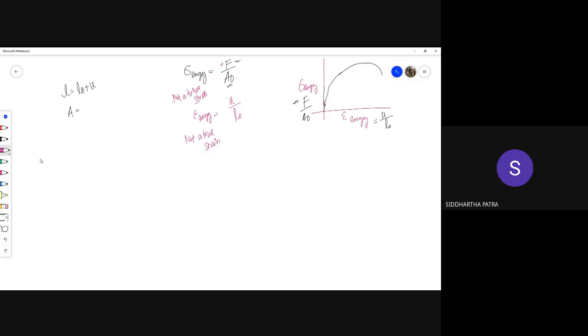So the thing is, a true stress measure would look something like this. If this is the engineering curve, then this is what the true curve is going to look like. Force over unit current area. So you need to update the area to get the true stress measure. Now, in a similar way, if I want to define the true strain, I can only define the strain as a differential quantity.